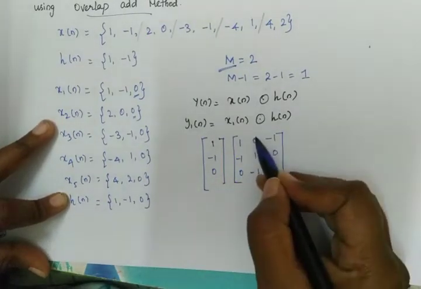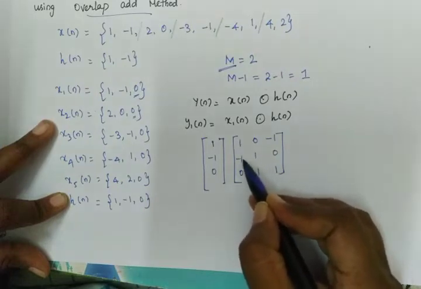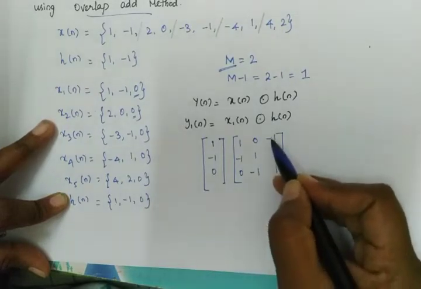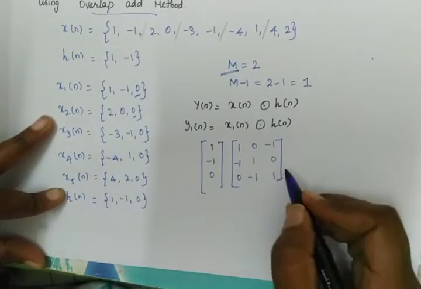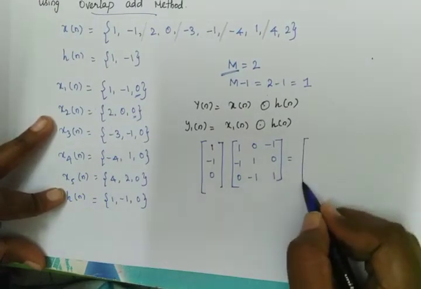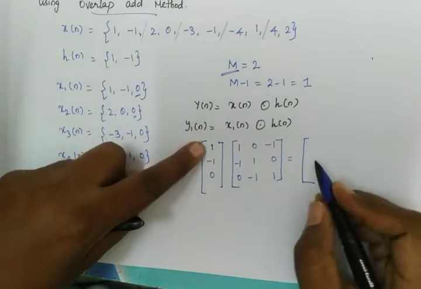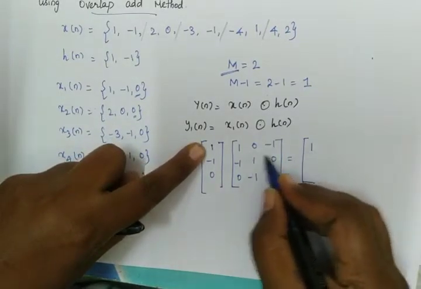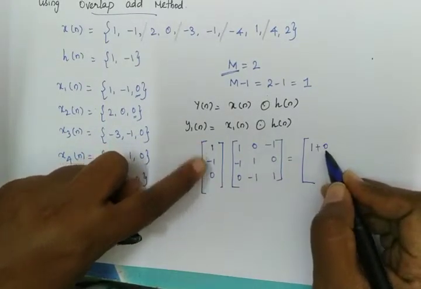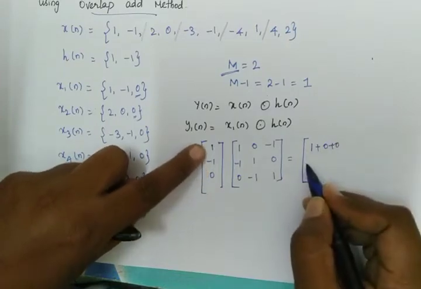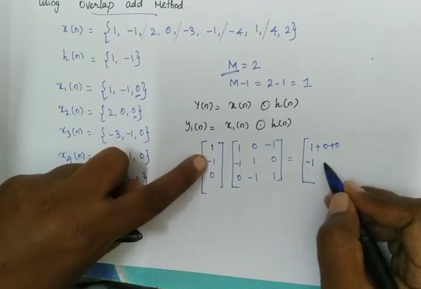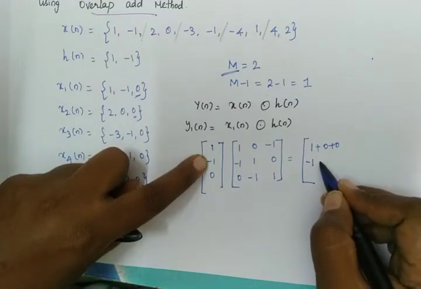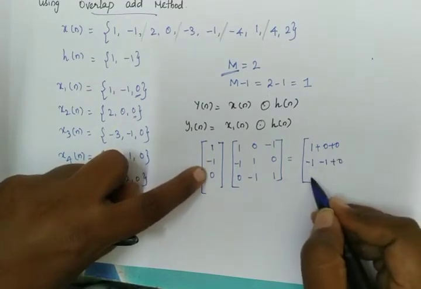Take the 0 first, then you have to take this 1, then minus 1 here. Then write this minus 1 first, then take the sequence here. Then the next one is to do the matrix multiplication. So here we have 1, then this will be 0, and here it is 0. Then here we have minus 1 into 1 is minus 1, and here minus 1 into 1 will be minus 1 plus 0, and here we have 0.